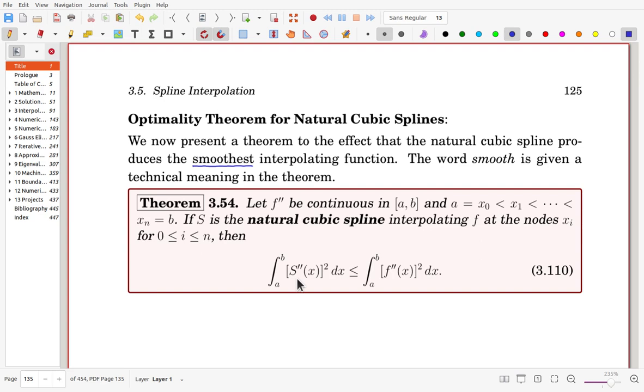Because of this theorem, people say that natural cubic spline produces the smoothest interpolating function. So it's really quite smooth and has really good properties, and so this is quite popular. Okay, this is the end of the section. Thank you.